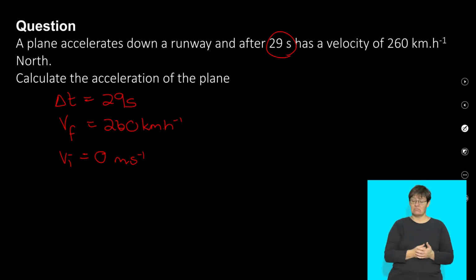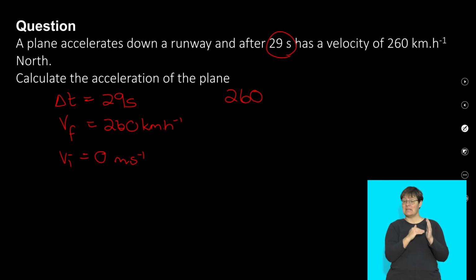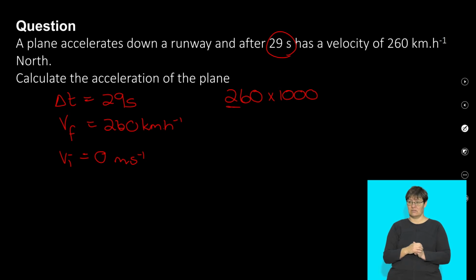So this is my conversion: 260 kilometers per hour. To get kilometers into meters, we times by 1,000. And 260 kilometers per hour means 260 kilometers divided by 1 hour.